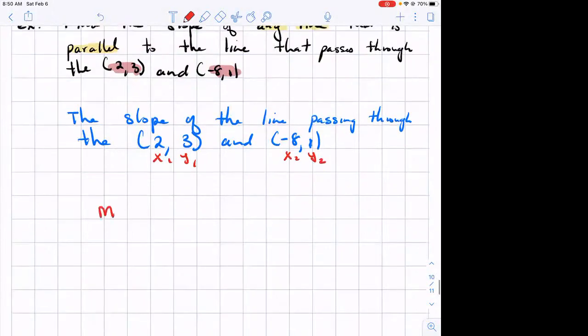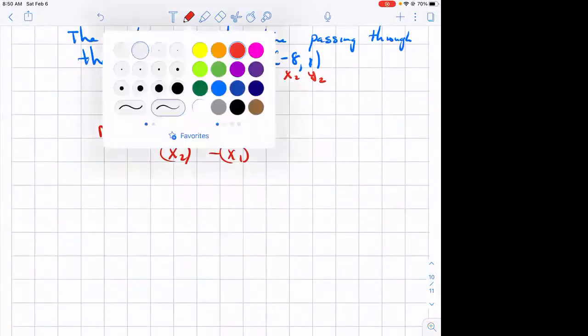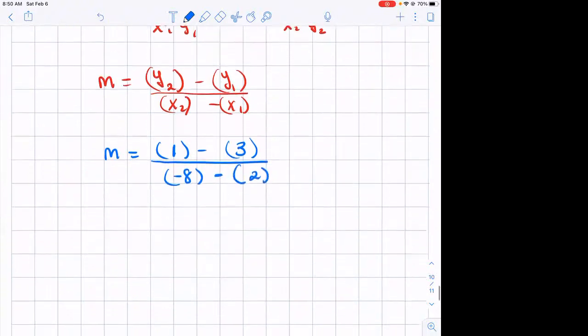And we know the formula m is equal to y2 minus y1 divided by x2 minus x1. Now we'll plug in the numbers. So m is equal to, instead of y2, I'm going to write 1. Instead of y1, I will write 3. Divided by, instead of x2, I will write -8. And instead of x1, I'm going to write 2.